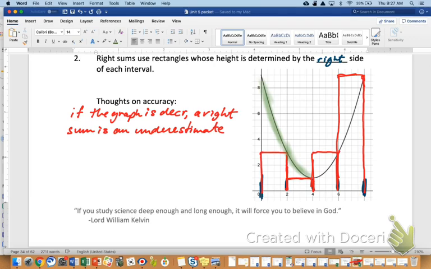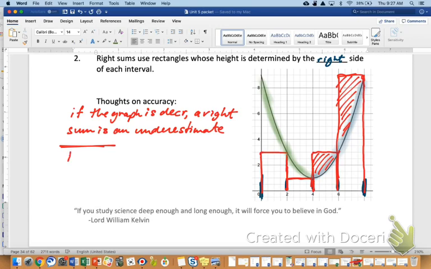And likewise, on this blue interval, you can see that the graph is increasing, and we have the reverse situation happening, where those rectangles are too high. You can see that overestimate part right there.